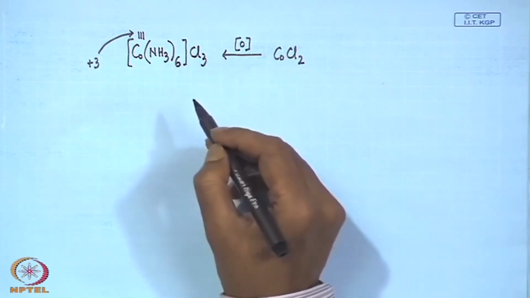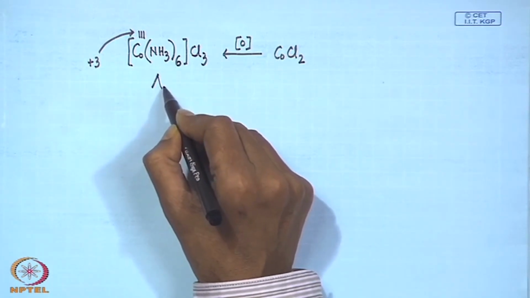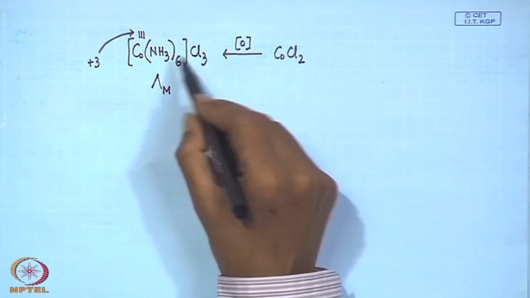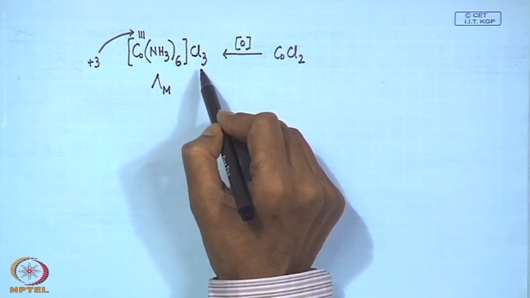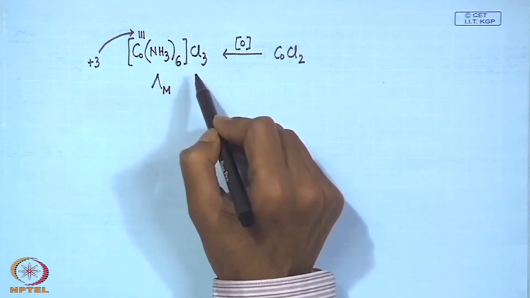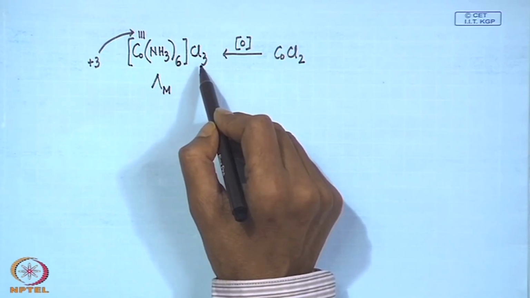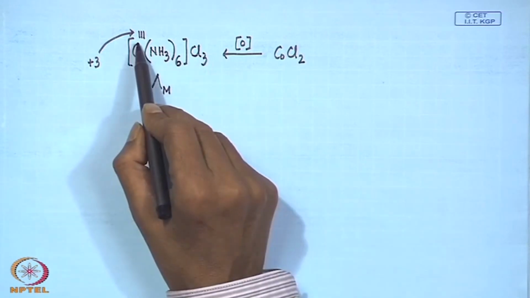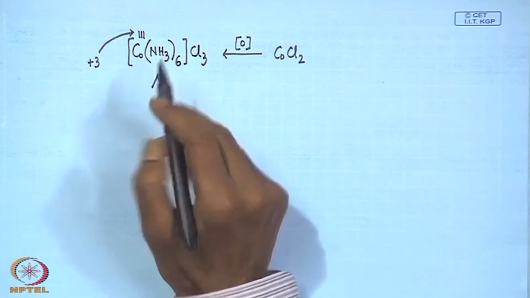If we measure the solution electrical conductivity, or the molar conductance, lambda m, the lambda m value will correspond to a 1:3 electrolyte type, and that value will tell us that it has 3 chloride anions outside the coordination sphere, and the oxidation state of this cobalt center is +3.